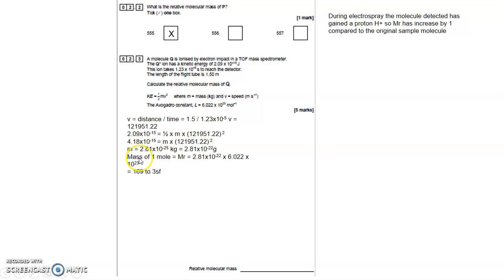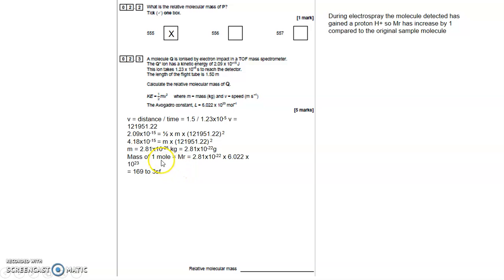Now if I'm going to work out moles, mass of 1 mole, which is the Mr, therefore I need the mass in grams. So kilograms down into a lower unit value of grams, I multiply by 1,000, so 2.81 times 10 to the minus 25 multiplied by 1,000 is 2.81 times 10 to the minus 22.